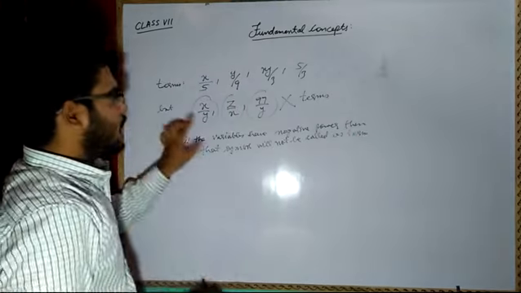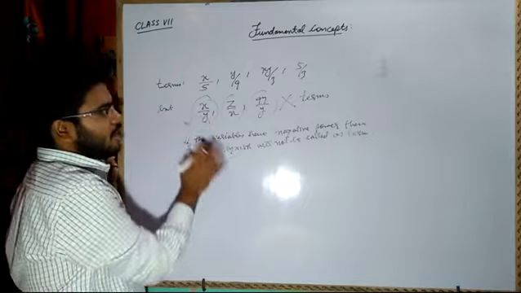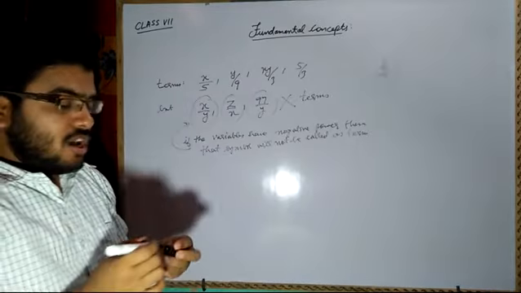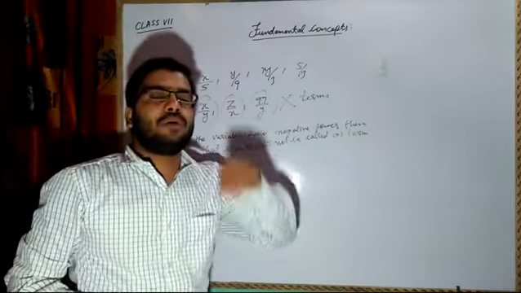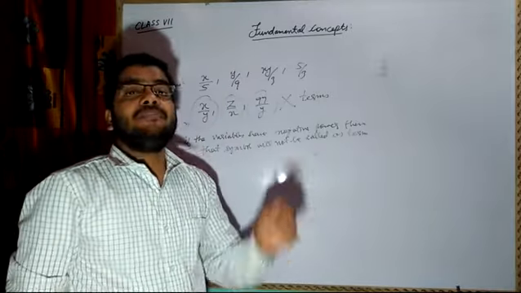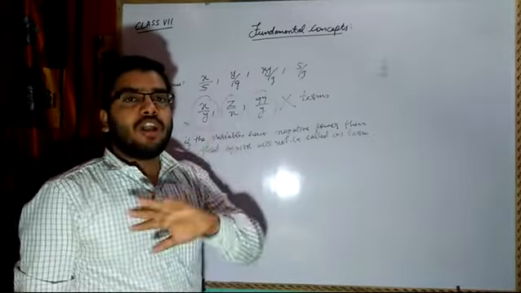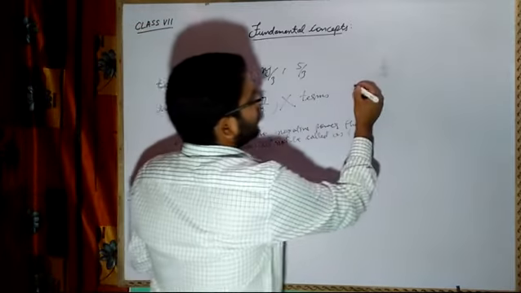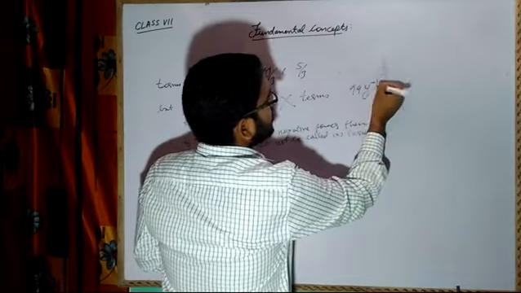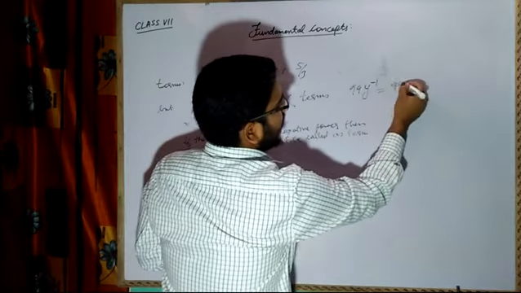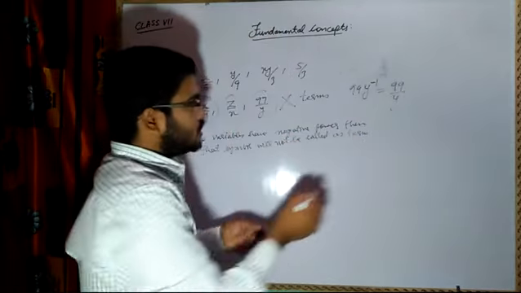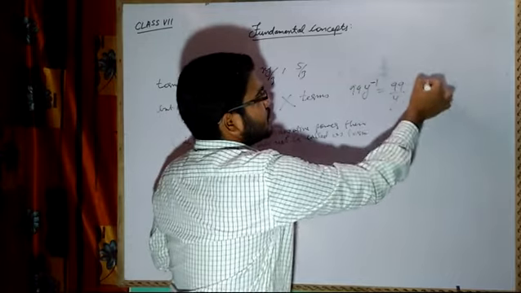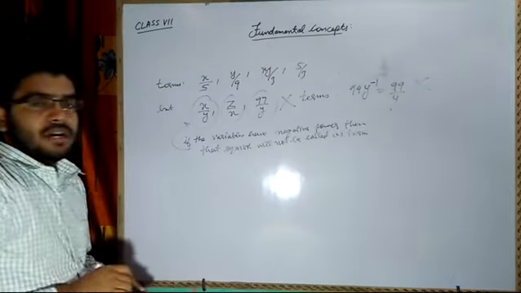For an example, I hope all of you understood. If any variable is in the denominator, in plain language, then that particular symbol will not be considered a term. If I have written 99 y raised to power minus 1, that means indirectly I have written 99 upon y. So this will not be called a term.